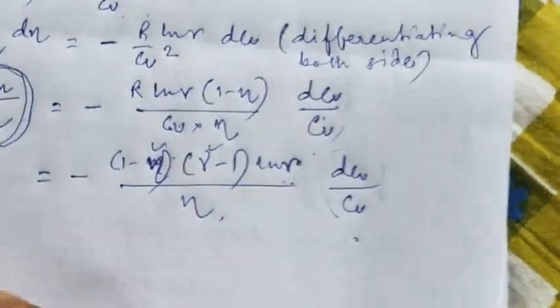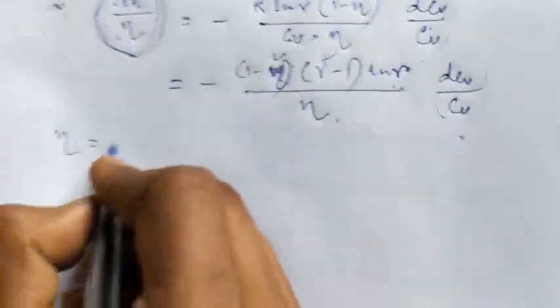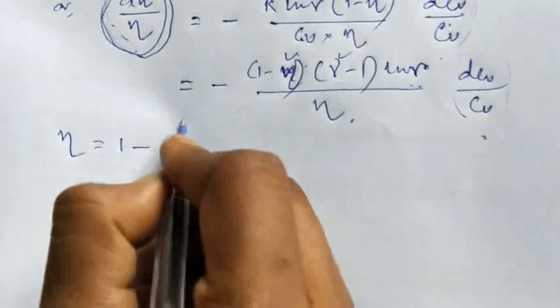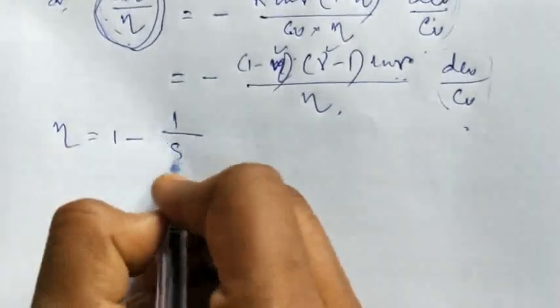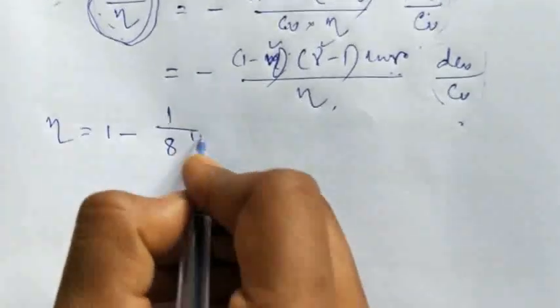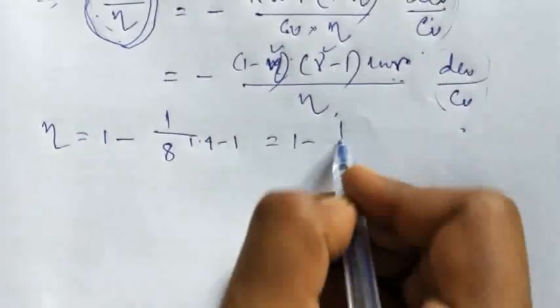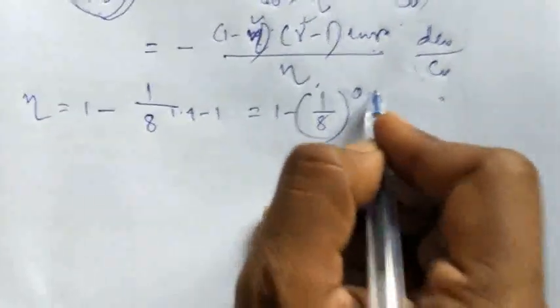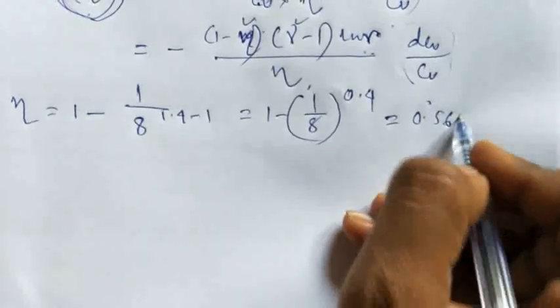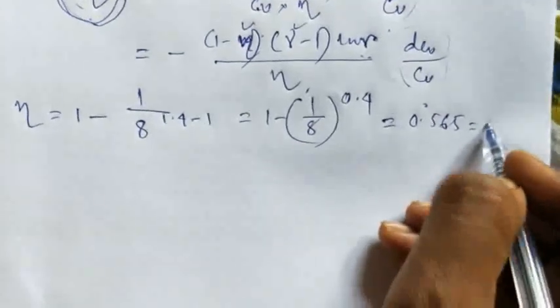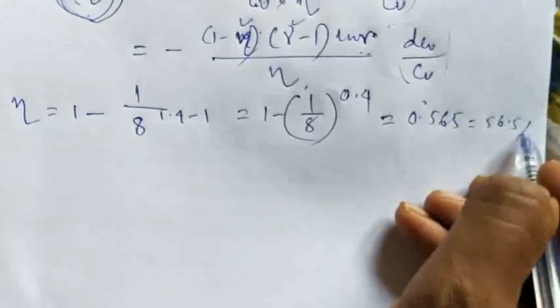So now we are calculating the value of efficiency, which is equal to 1 minus 1 by 8 to the power gamma minus 1, which is 1 minus 1 by 8 to the power 0.4. This will be equal to 0.565, or we can write 56.5%.